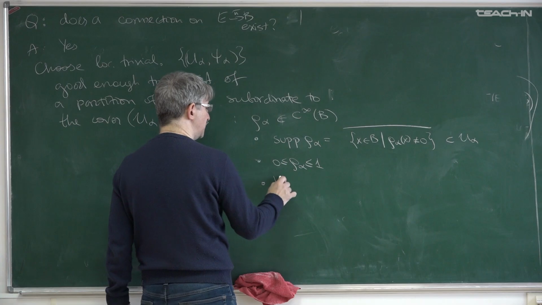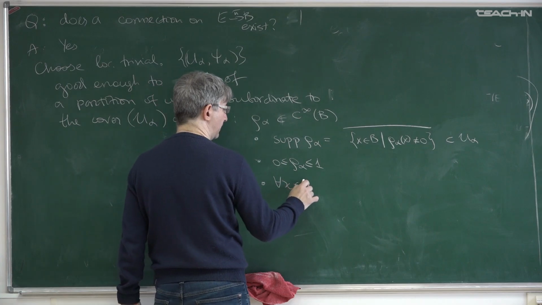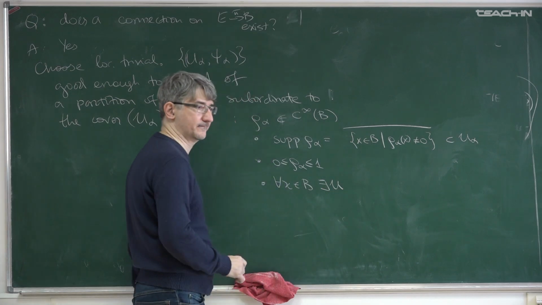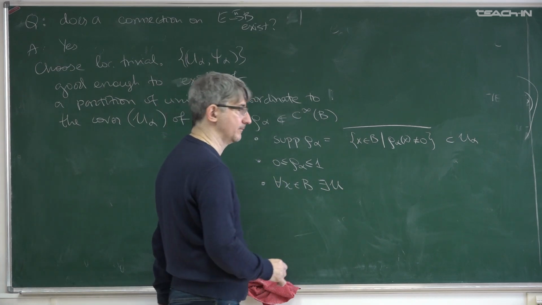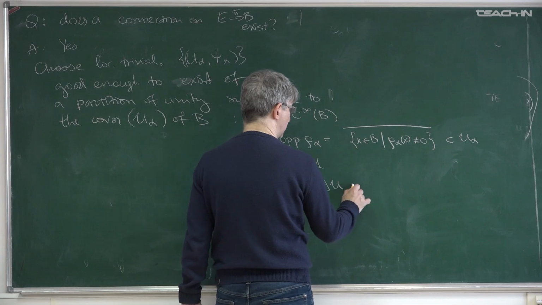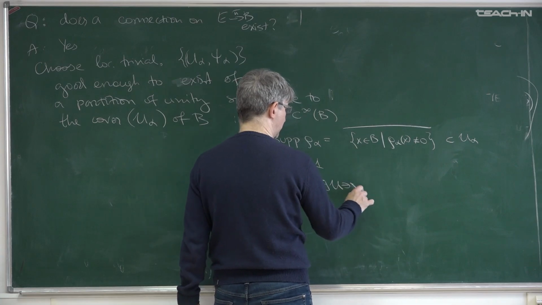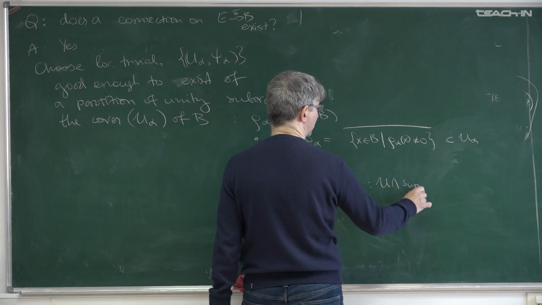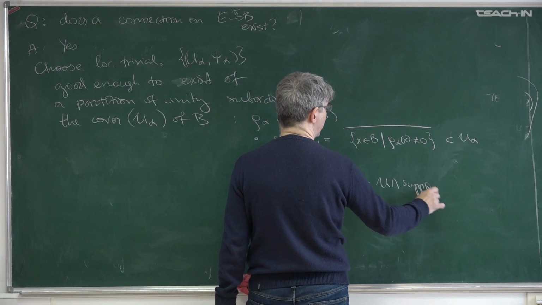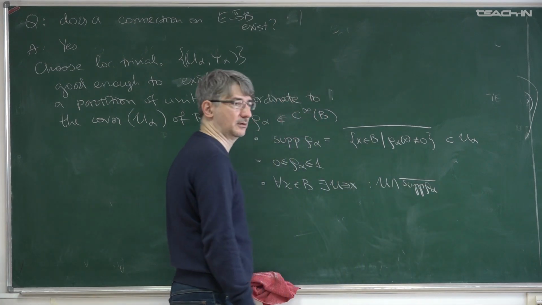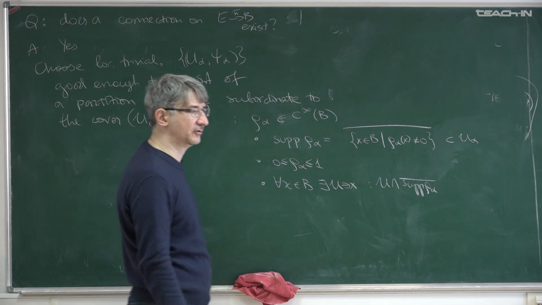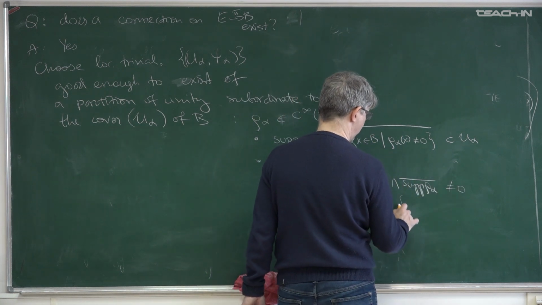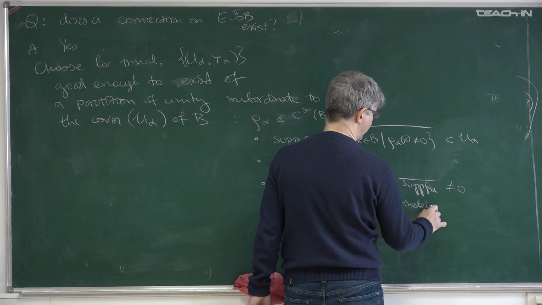So for each point in the base, there exists a neighborhood u, a neighborhood which contains x, such that u intersected with the support of rho alpha, maybe with closure, is not 0 for finitely many alpha.